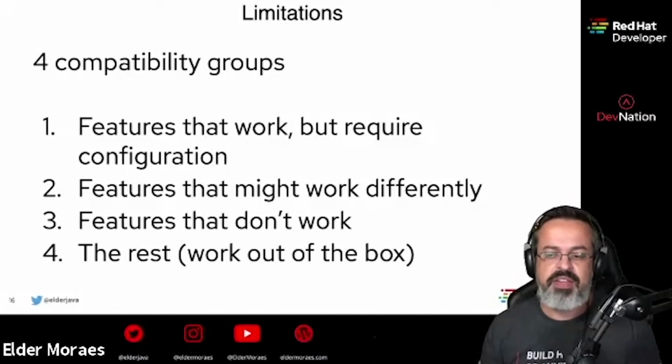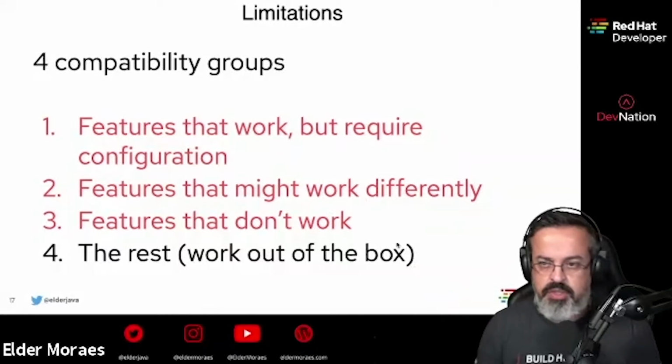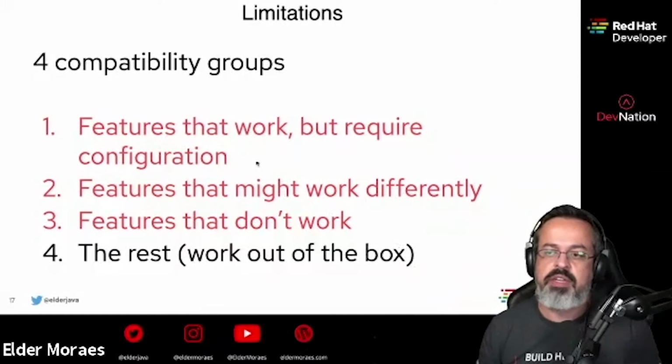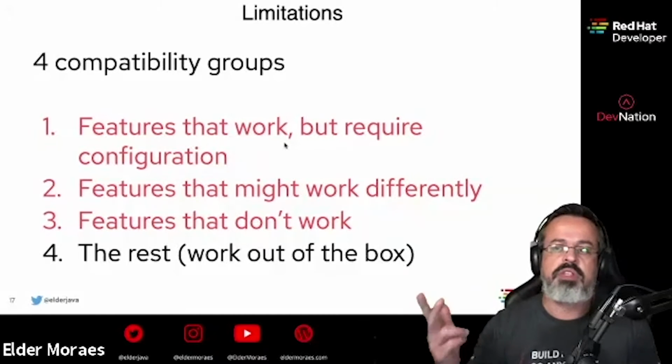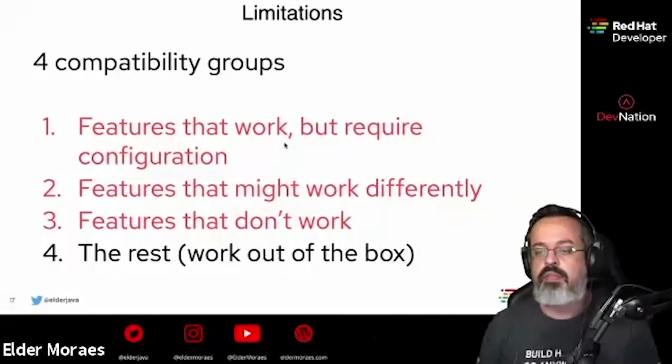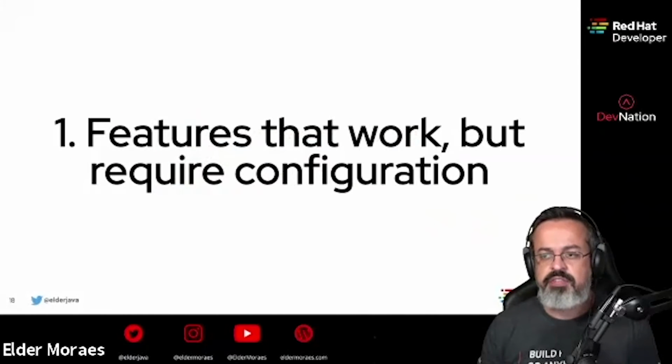And the fourth is the rest, things that just work. So we will cover the first, second, and third today, because what works, works. We'll cover details of features that require configuration, that might work differently, and things that just don't work. So first, features that work but require configuration.